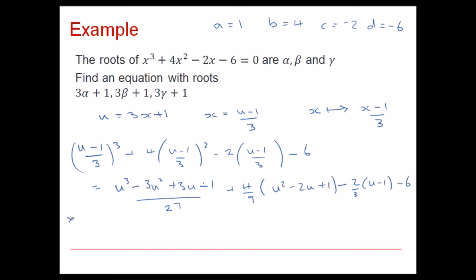For ease, I'm going to multiply by 27 to get rid of those fractions. When I've done that and then gathered the like terms together, I would have u cubed plus 9u squared minus 39u minus 133.